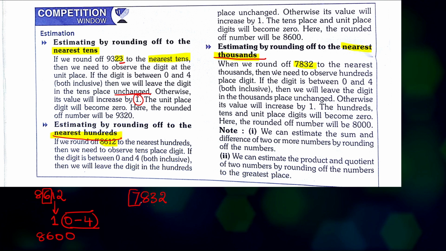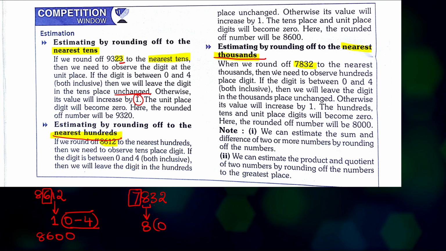This is what we have to focus on. As explained earlier, if you have to round off to the nearest 1000, you have to observe the adjacent place, which is the hundreds. Now what's the number in the hundreds place? It is 8.